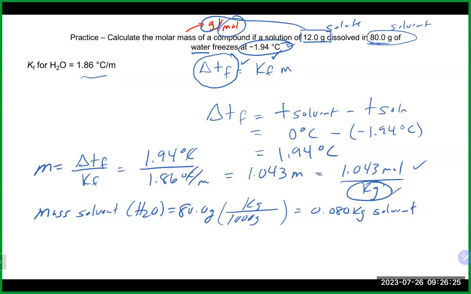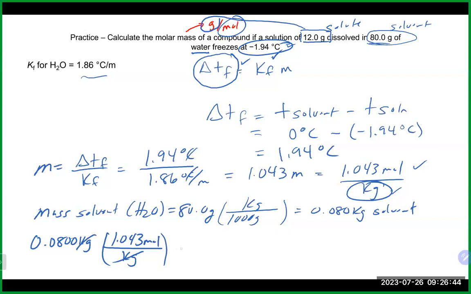So we can use the molality and the kilograms of solvent to figure out the moles of our solute. If we do that, we take 0.08 kilograms times the molality that we calculated from the freezing point information.